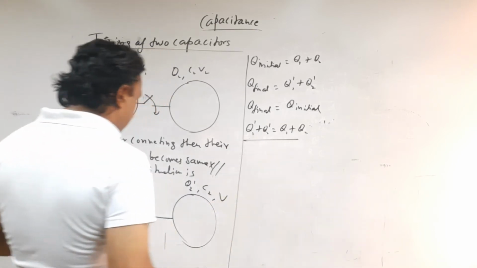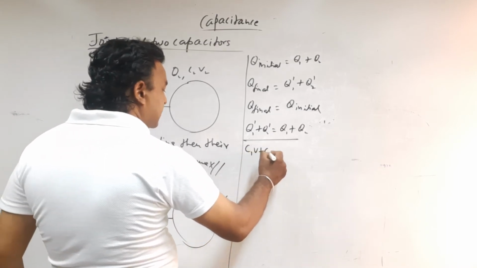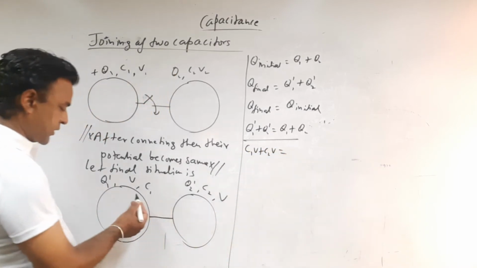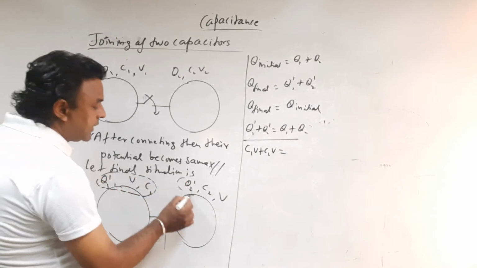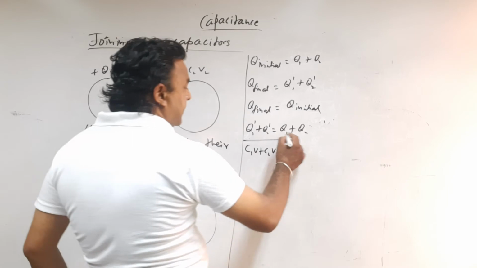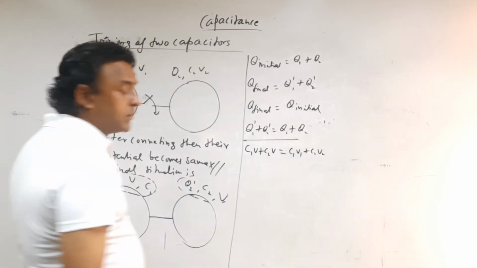Now q1 dash plus q2 dash, I can write c1v plus c2v. Look here, it is q1 dash c1v, q2 dash c2v, and q1 c1 v1 plus c2 v2.